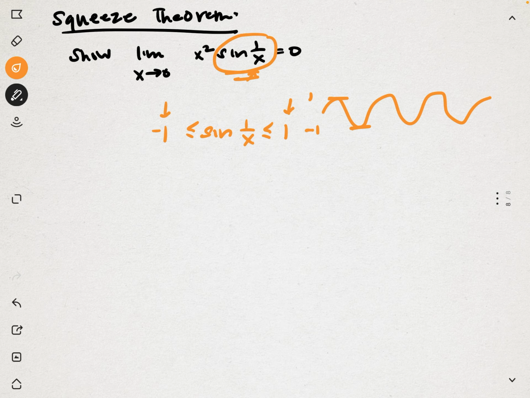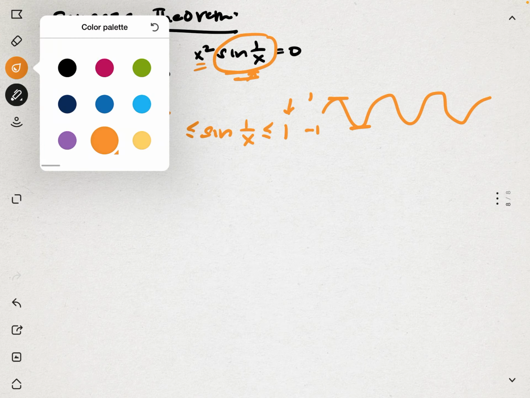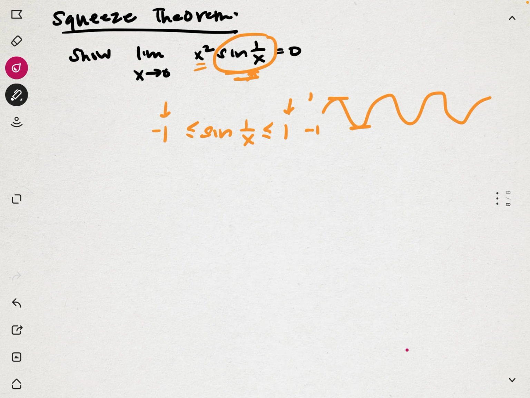Okay, so what we're going to do is modify this a little bit. Let's do a different color here. I need this to look exactly like the top so we can find the limit. So let's multiply x squared in here. But if we do that, we have to multiply on the outsides too. That's just algebra.